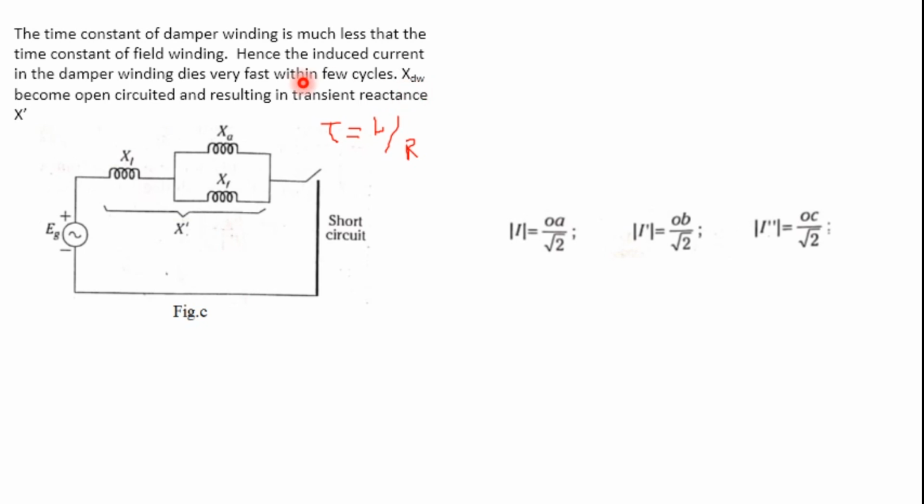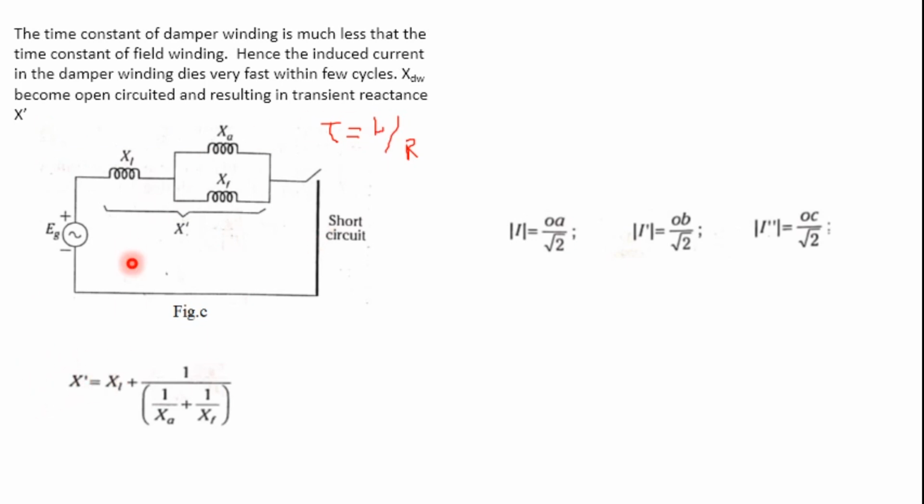So XdW becomes open circuited, resulting in a reactance which we denote as X dash, the transient reactance. Whenever we write X dash, that is the transient reactance.